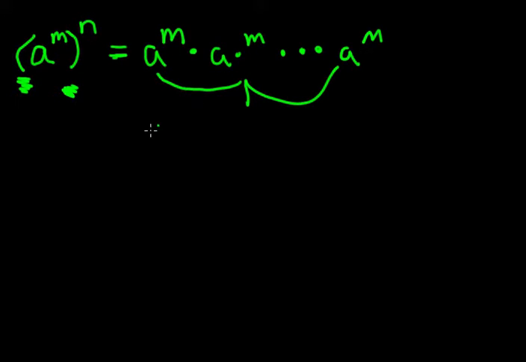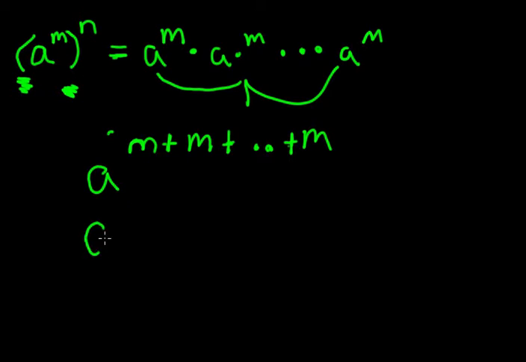Well, that means I'm adding m as my exponent a total of n times. And multiple additions, we found out, were multiplications. And so this becomes a to the m times n.